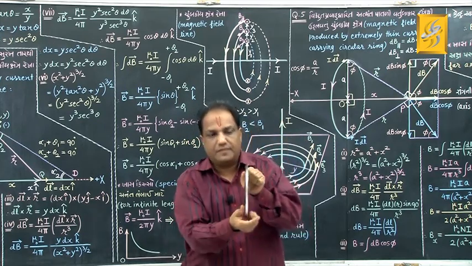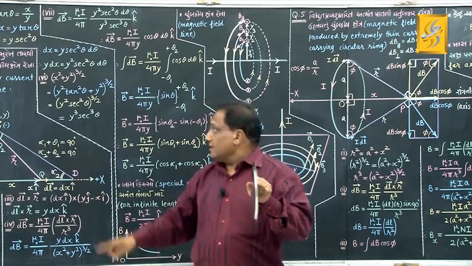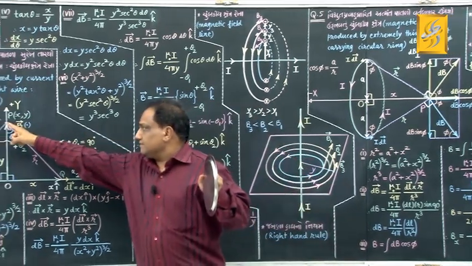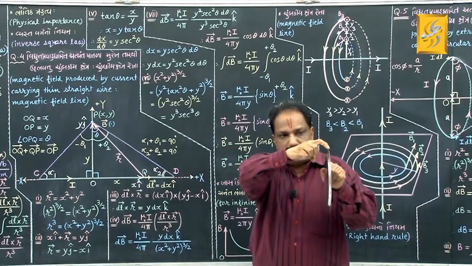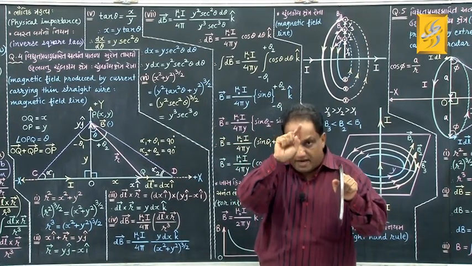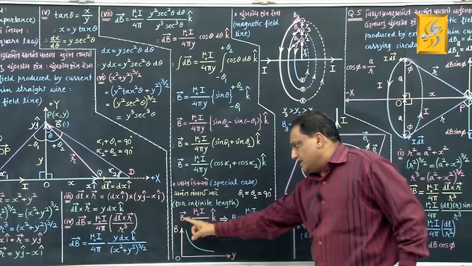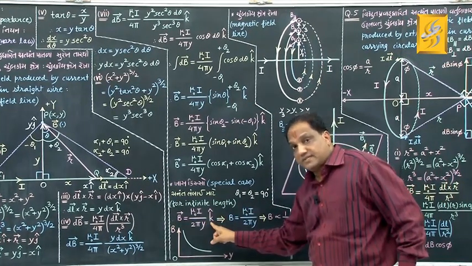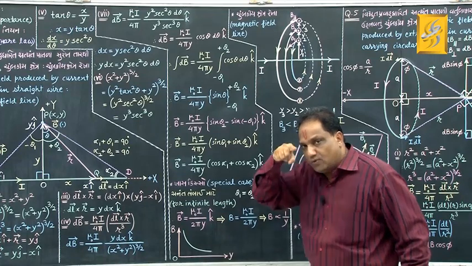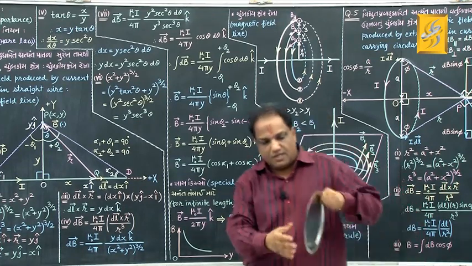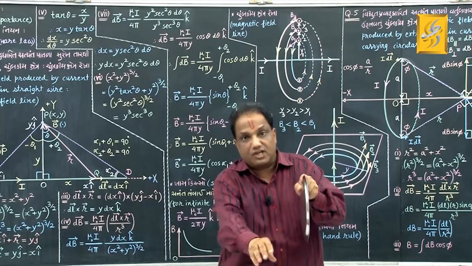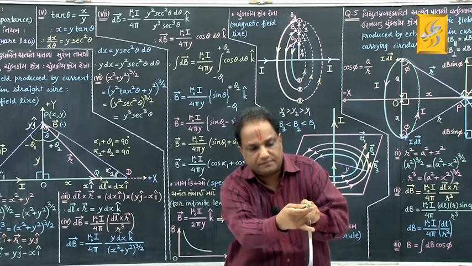Fine. Now tell me, consider a point here at the top, and at that very point in this present situation, the magnetic field came out to be in the direction of the positive z axis, correct? That is perpendicularly outside the plane of the figure. So at this very point, the direction of magnetic field is like this.